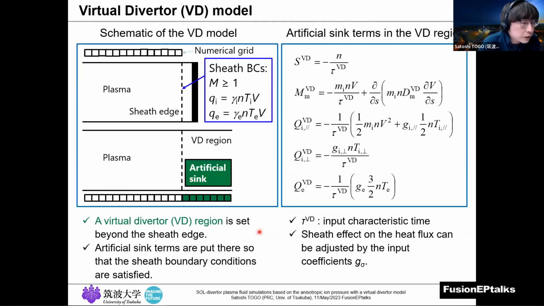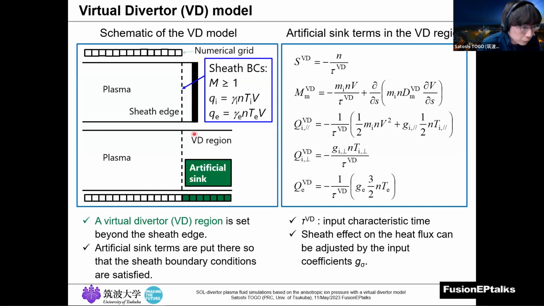Instead of using an explicit boundary condition on the downstream ion flow, AIP model adopts a virtual divertor model in order to simulate effects of the sheath region. In the conventional code, the edge of the numerical grid lies on the sheath edge, and there the sheath boundary conditions are imposed.